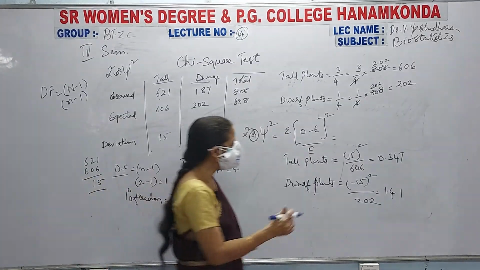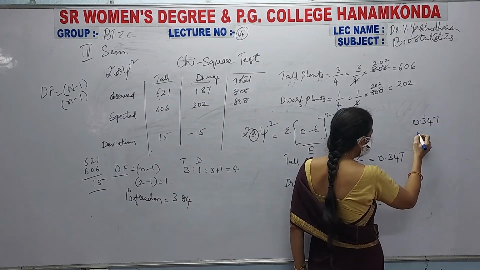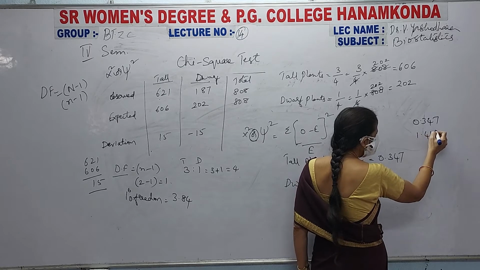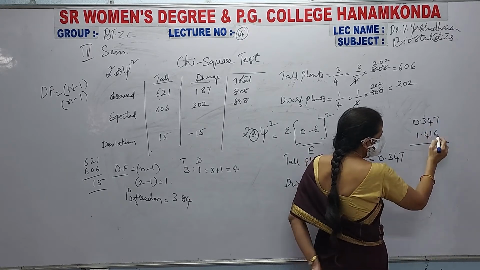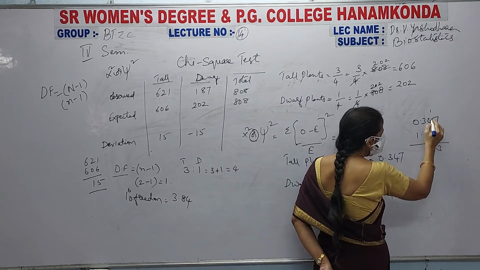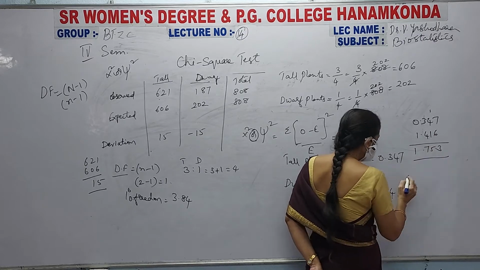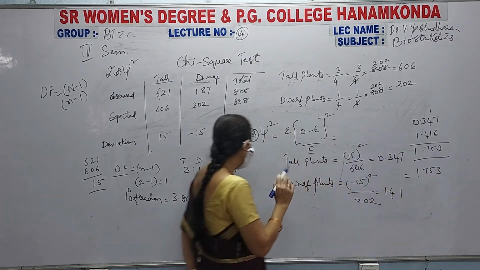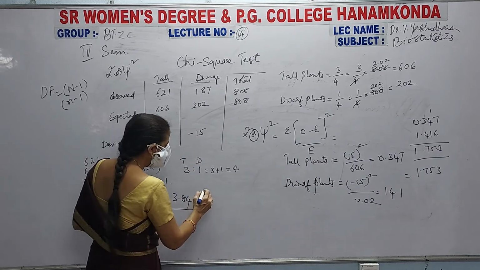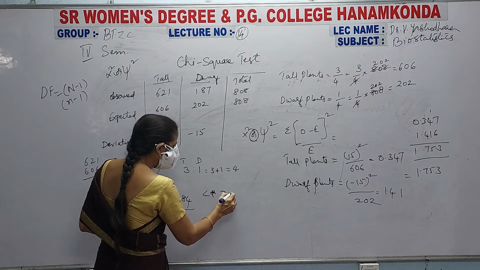Now what you have to do is add 0.347 plus 1.416 or something, and you got the total of these as 1.753. 1.753 is less than your 3.84.